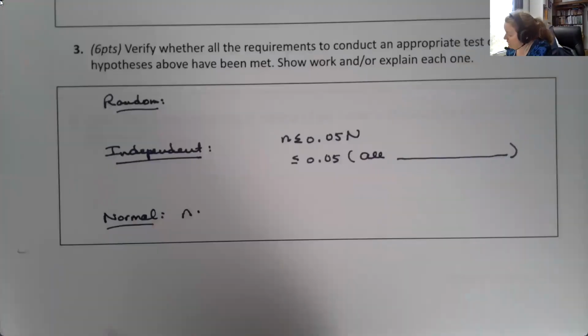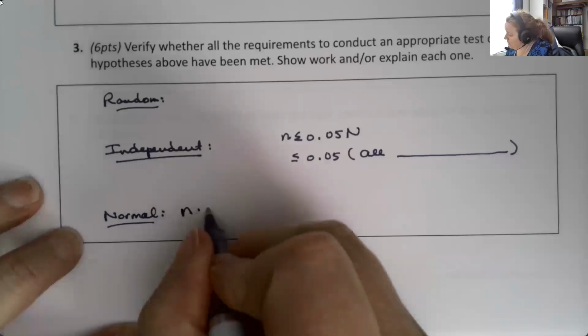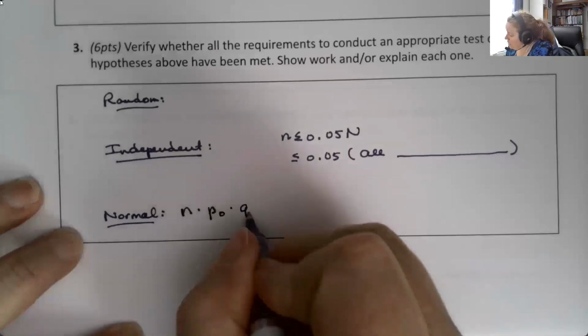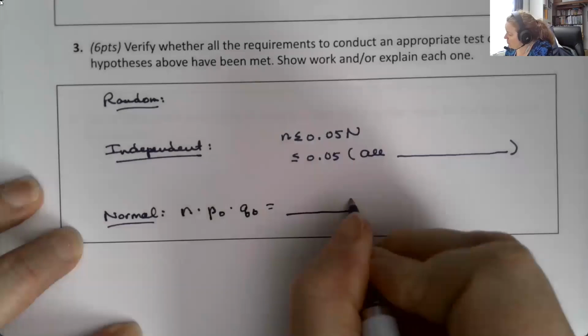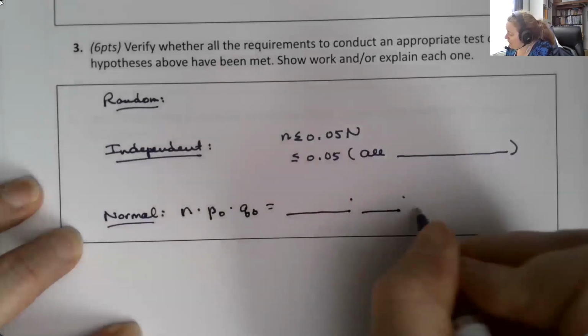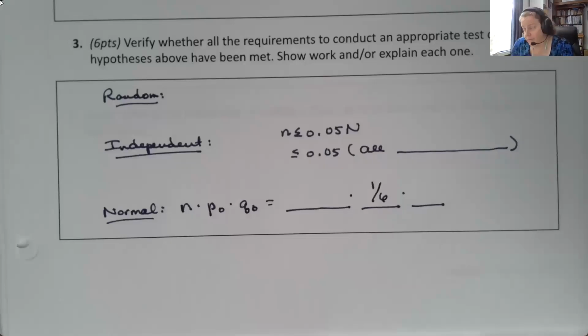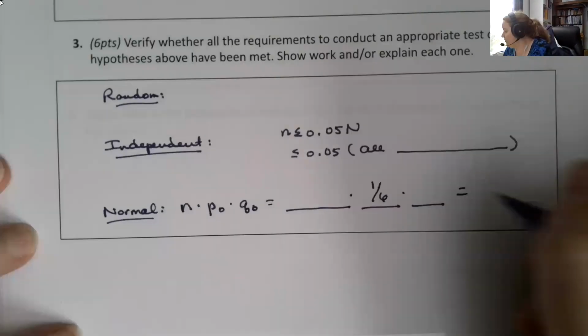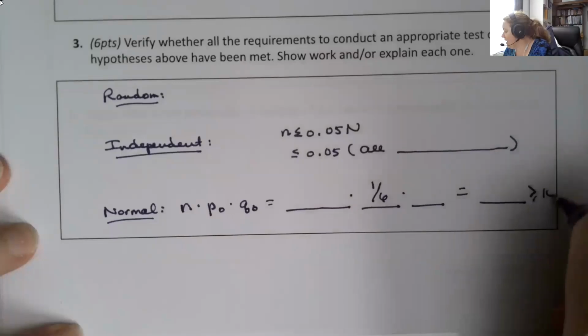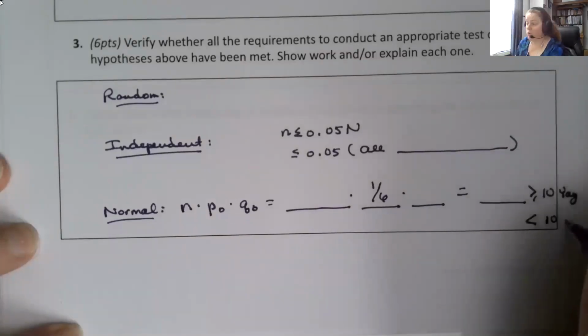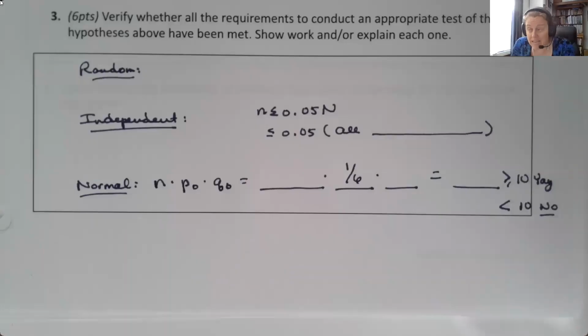A lot of students don't, and they lose points. It's n times p0 times q0. So you need a number times a number times a number. Use the fraction, right? 1/6 is your p0. And then you get a number and you see if it's bigger than 10, yay, or if it's less than 10, no, right? So some of you are going to be less than 10. Don't freak out. It's fine. I know that's going to happen.